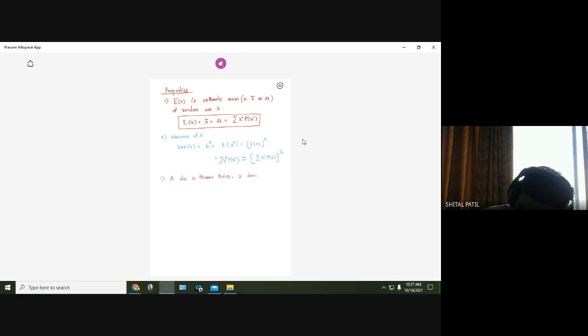X denotes the sum of digits in two throws. Find the mathematical expectation.